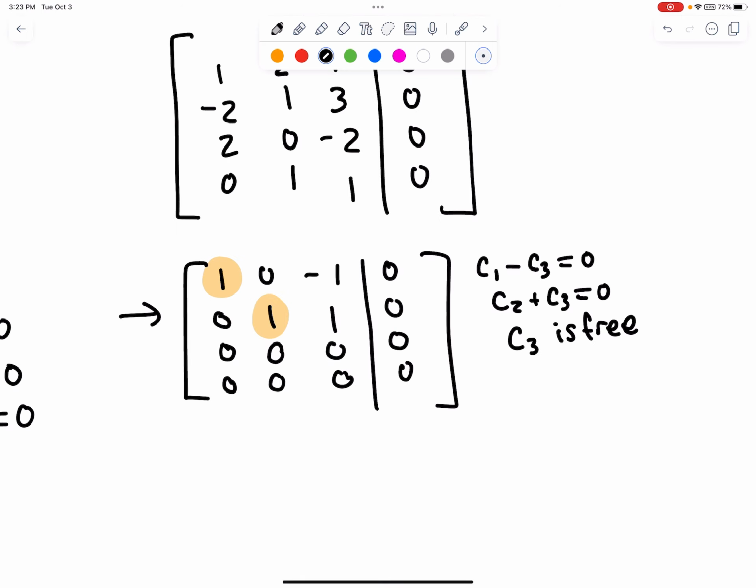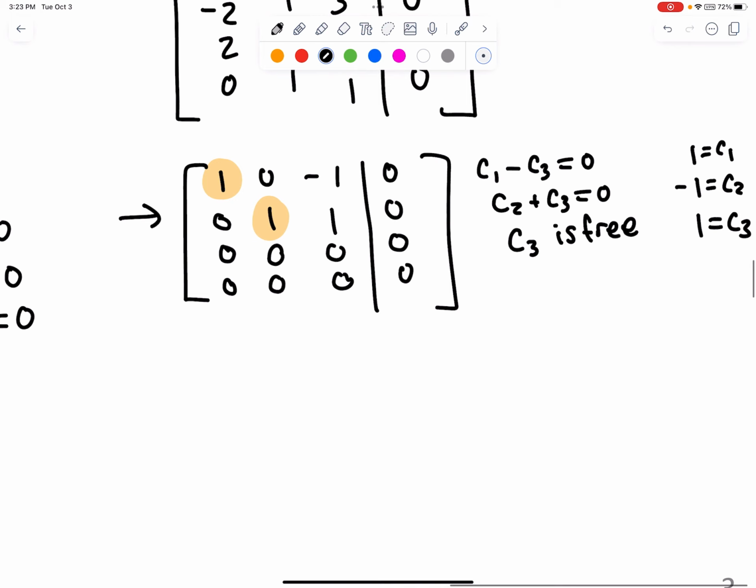So we're looking for just one solution. There will be infinitely many. So let C3 just be any one number, such as 1, and then plug that value into the C3s in all the equations here, and we get a vector solution such as C1 will have to be 1, C2 will have to be -1, and C3 will have to be 1. Now the system that we just solved was the following.